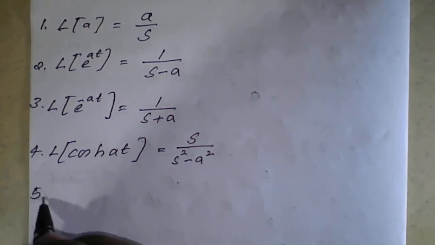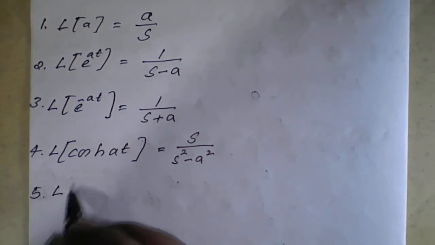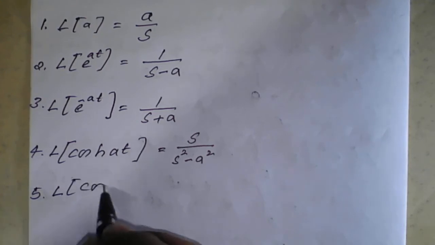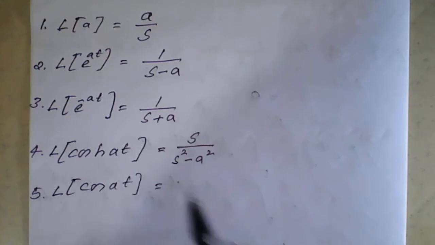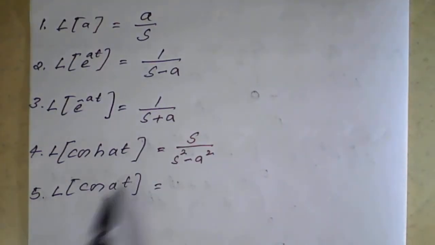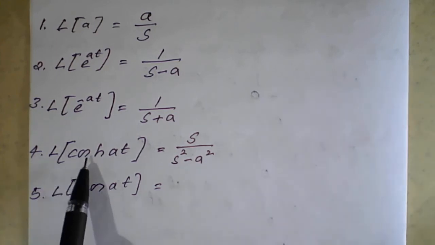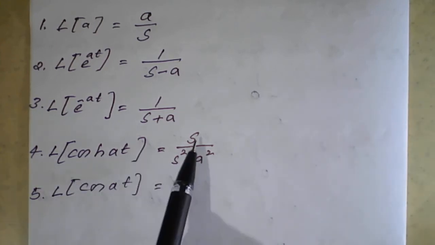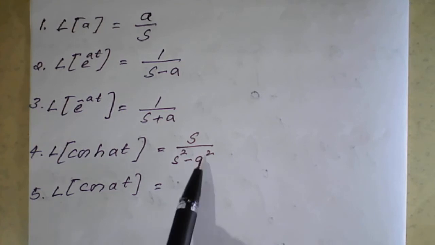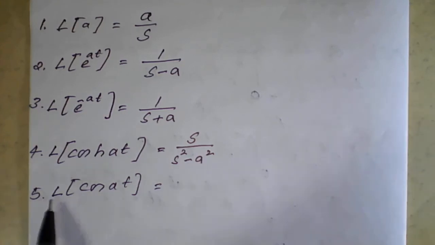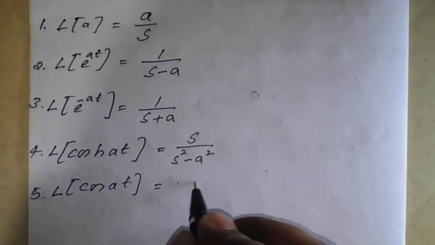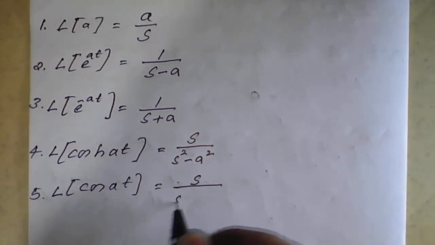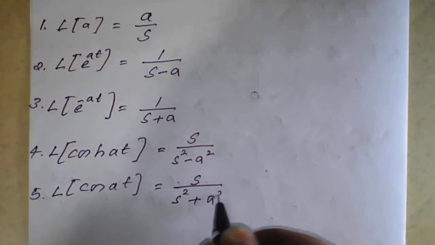Next formula is Laplace of cos of at. Just see, I have taken both hyperbolic and only trigonometric functions simultaneously. Laplace of cos hyperbolic of at is s divided by s square minus a square, and Laplace of cos of at is s divided by s square plus a square.